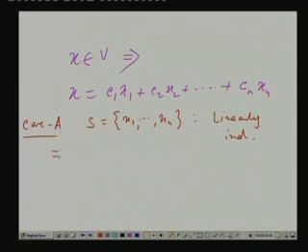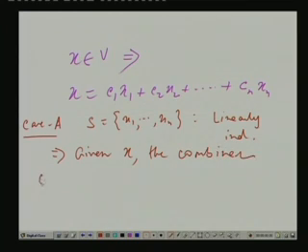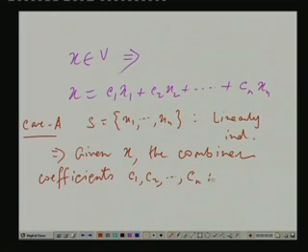Okay. That is, given x, the combiner coefficients are unique. How do you say so? Okay. Suppose it is not.